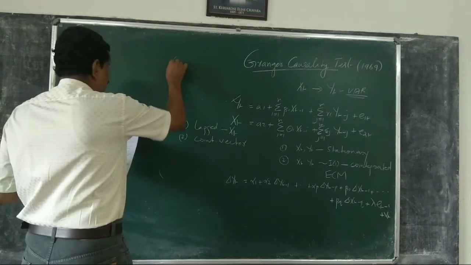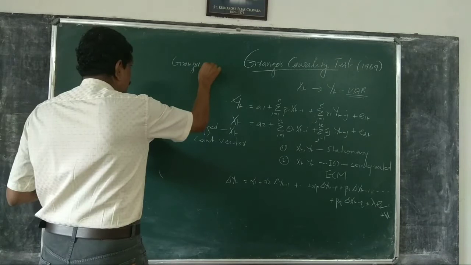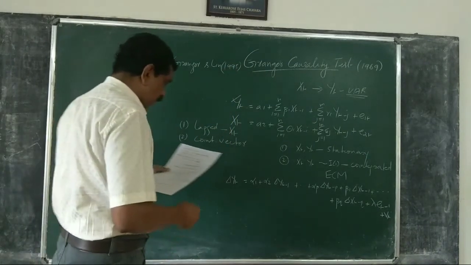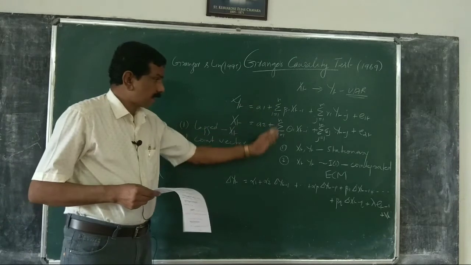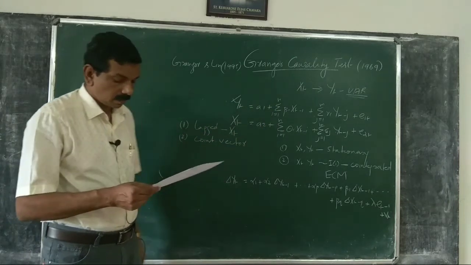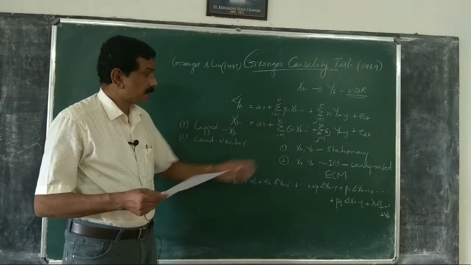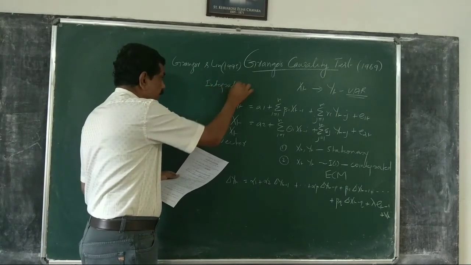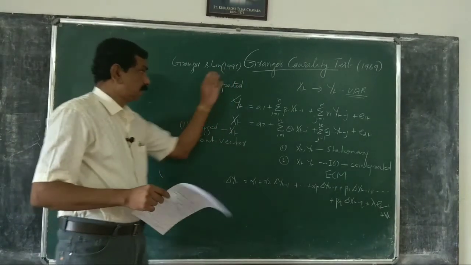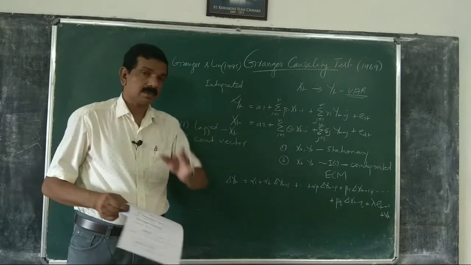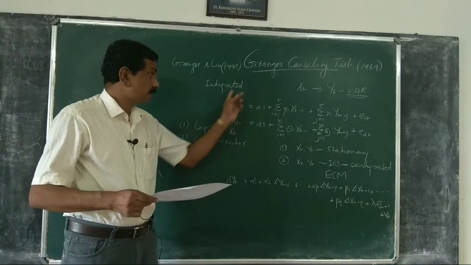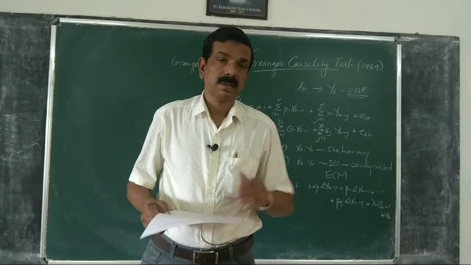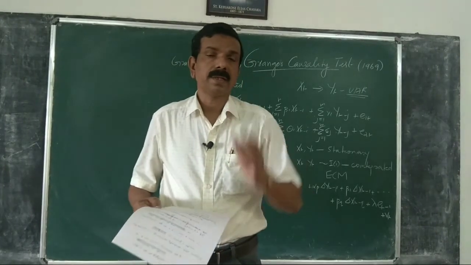Now, Granger and Lin in 1995 have shown that the conventional Granger causality test is not valid if two variables are integrated, or non-stationary, because two integrated variables cannot cause each other unless they are co-integrated.